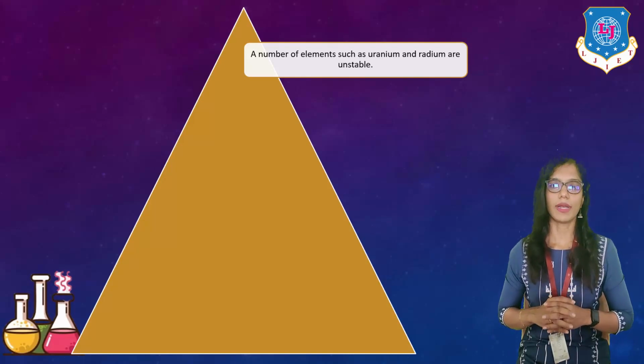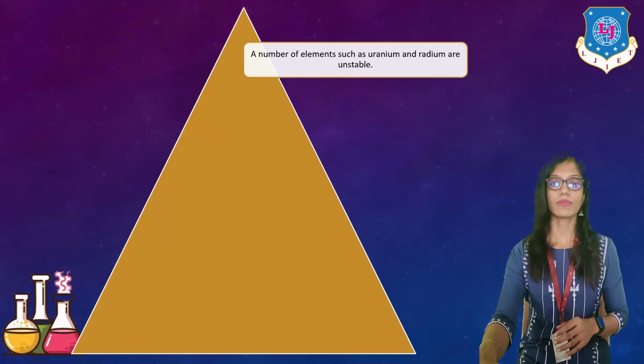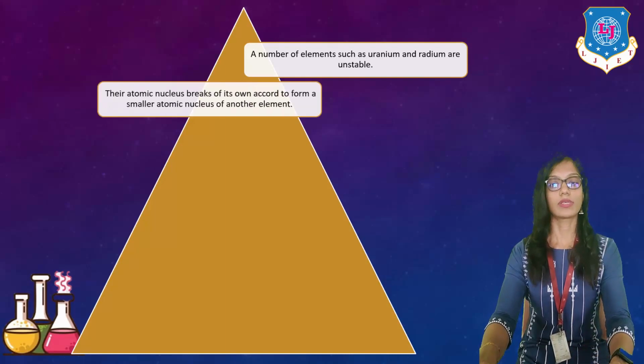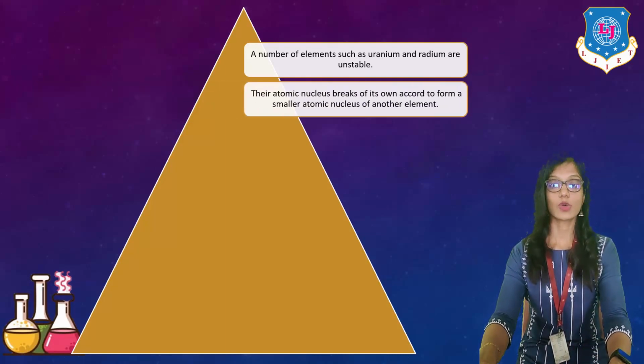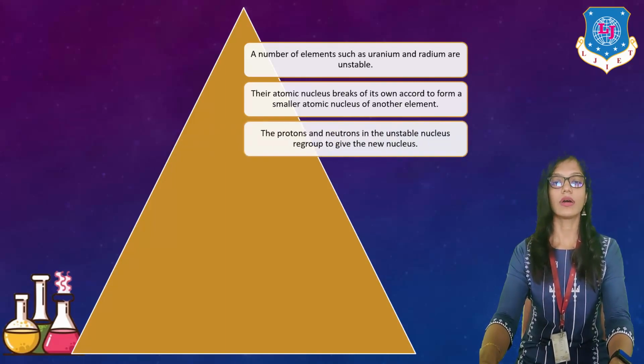A number of elements such as uranium and radium are unstable, so their atomic nuclei are unstable. Their atomic nucleus breaks off of its own accord to form a smaller atomic nucleus of another element, and the protons and neutrons in the unstable nucleus regroup to give the new nucleus.